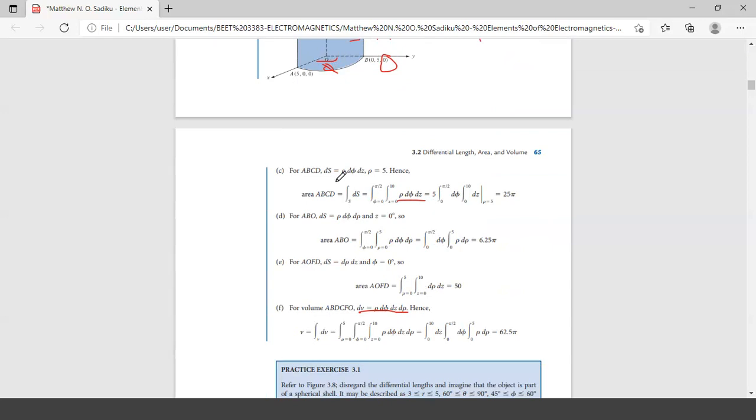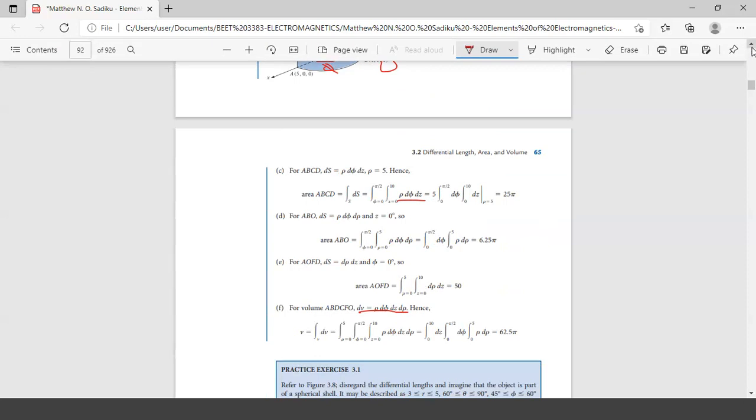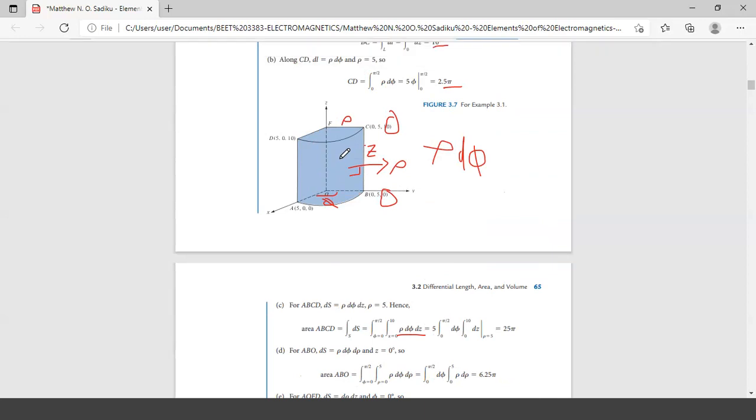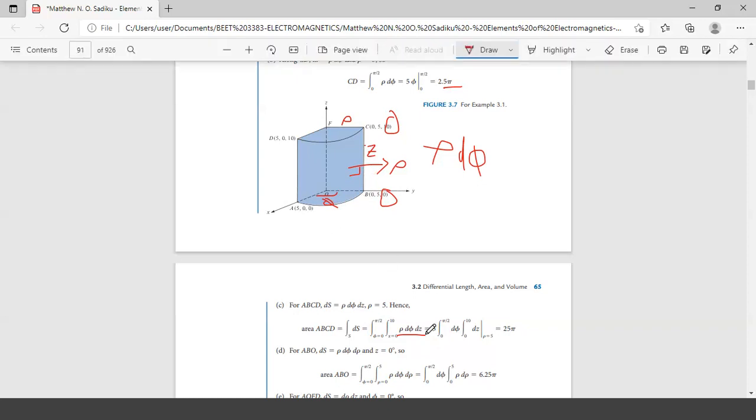For ABCD, we take ds. What is the surface here? A, B, C, D. One side is dz, and the other side is rho d phi, because it is a curve.